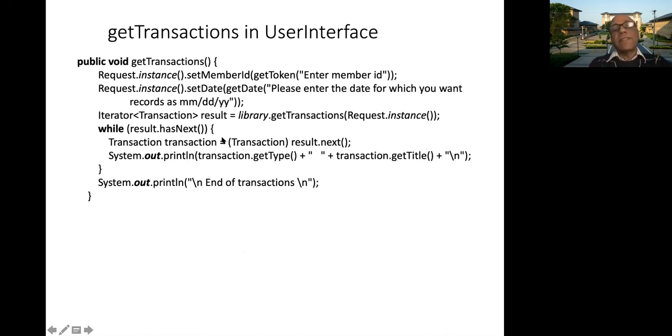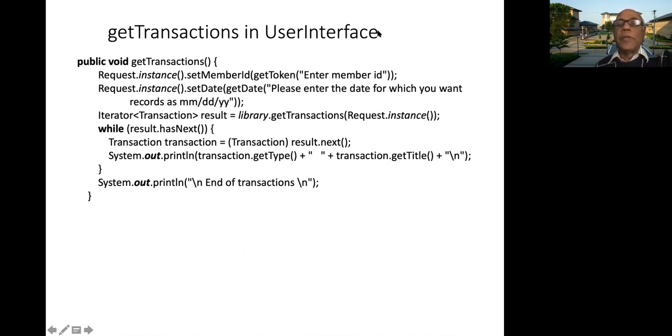Now, let's see how we get all the transactions on a certain date. This is a little difficult, so let's spend a little more time on this than we have spent on other operations.